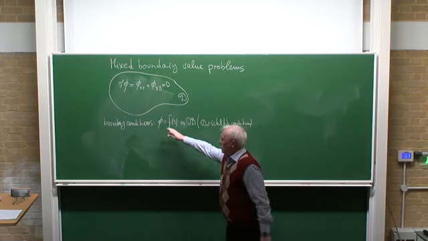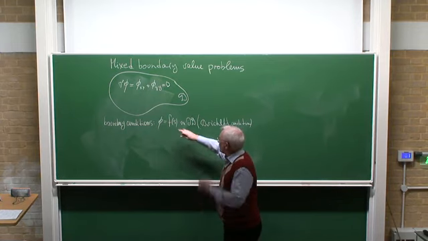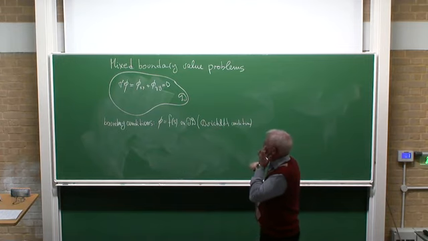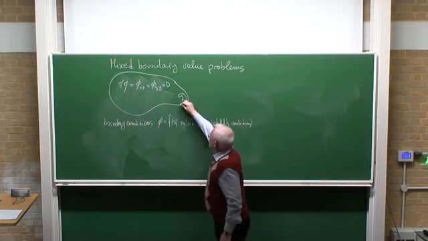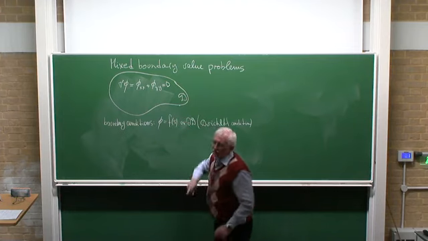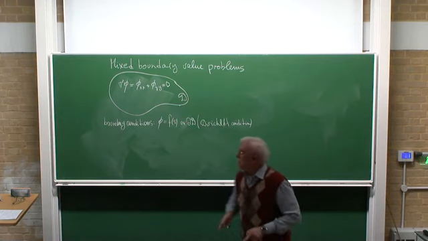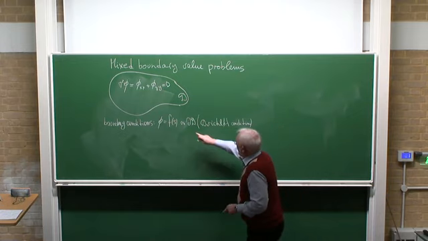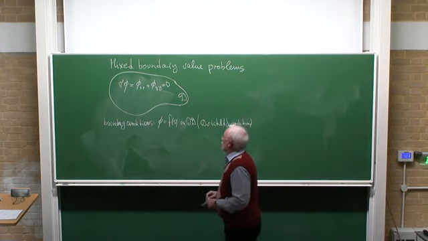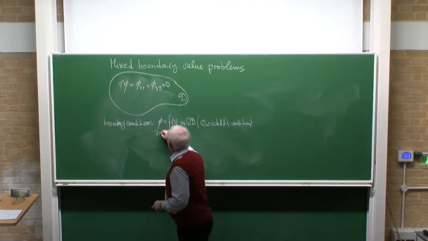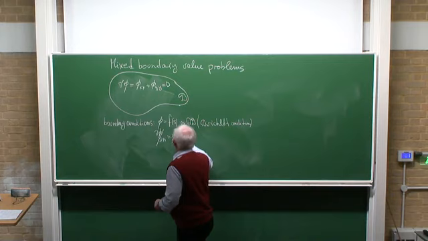It is imposed on the whole boundary, so at each point of the boundary with s, the so-called curvilinear coordinate along the boundary, the function f of s is given.